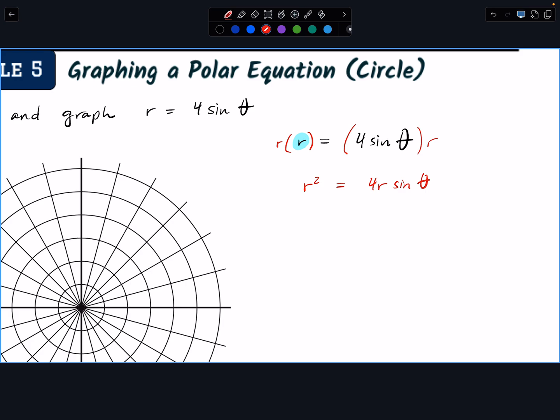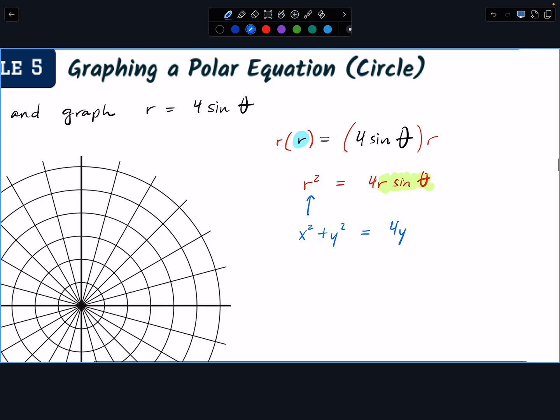And this is helpful because this right here is x squared plus y squared from section 5.1. And then just from the last couple examples, guys, what is this? It's just y, right? So this is just 4y.